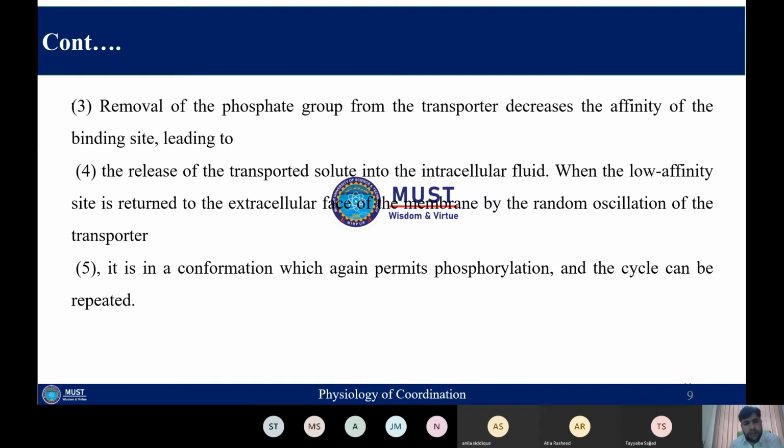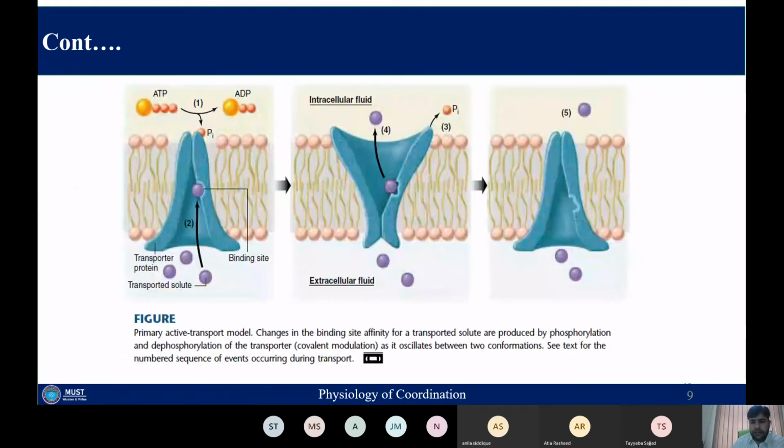And once the phosphate group is removed from the transporter, the affinity of the carrier protein or transporter protein to the solute particle will automatically decrease. And hence, when the affinity of the binding site decreases, the transported solute will be released from the transporter protein to the intracellular side.